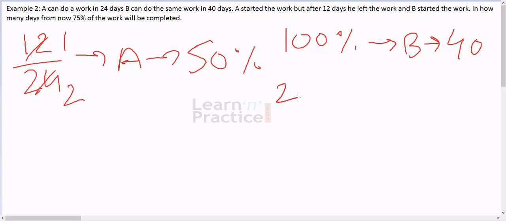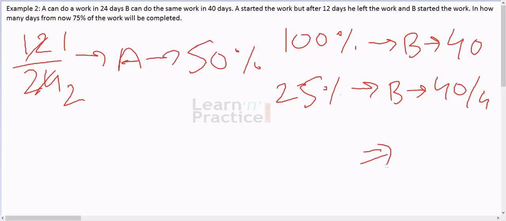So 25% of the work will be done by B in how many days? Simply 100 divided by 4 will give you 25%, and this side also 40 divided by 4 will give you 10 days. So B will complete the remaining work in 10 days, 10 more days.